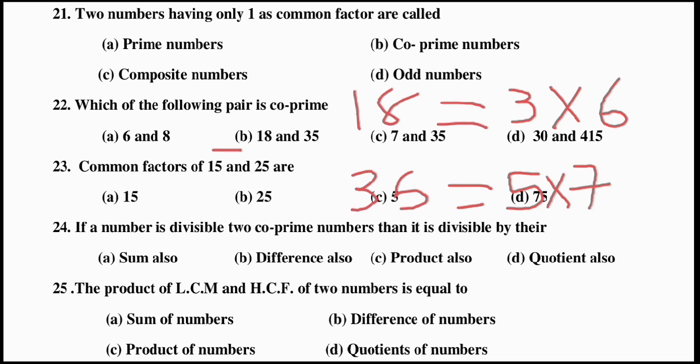Here we do not have any common factors. So 1 is the common factor of both these numbers, right? And therefore we can say that this pair is a co-prime numbers pair.